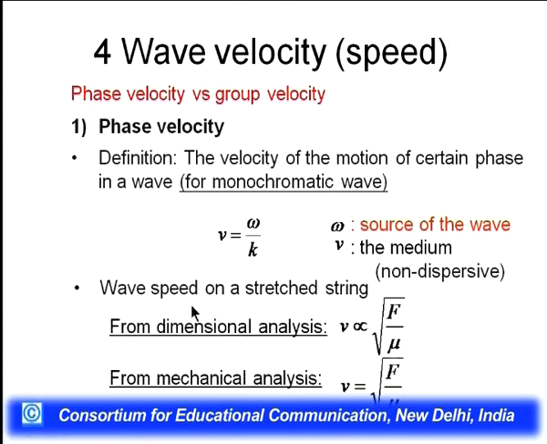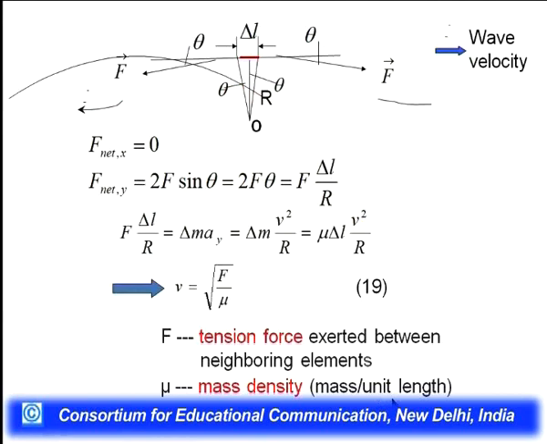Now here we see the dimensional analysis, with v directly proportional to F by μ, and from the mechanical analysis, v is equal to root of F by μ. This is the wave velocity, which we can say is v. Now F is the force, this is the angle and this is the distance.